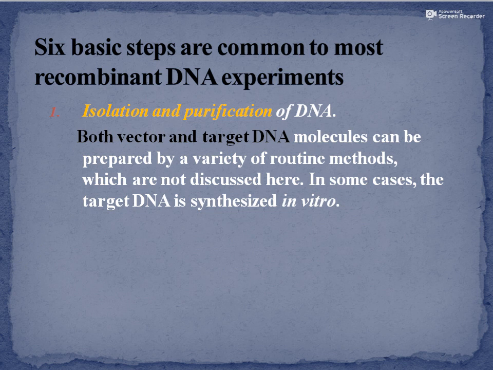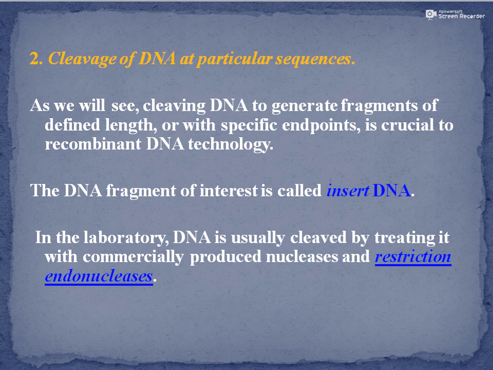So once you isolate your DNA of interest as well as the vector DNA, you need to cut both of these DNA by using restriction endonucleases. The cleaving of the DNA to generate fragments of defined length or with specific endpoints is very crucial in recombinant DNA technology.